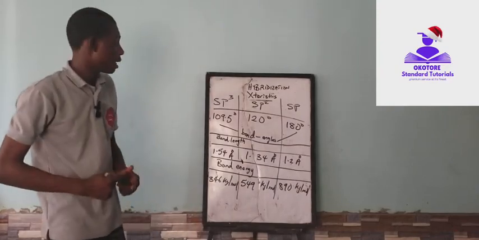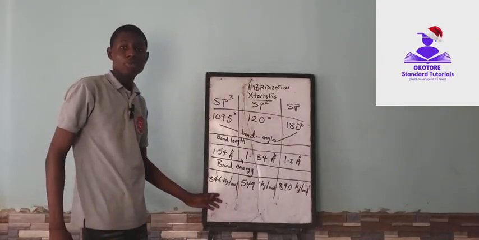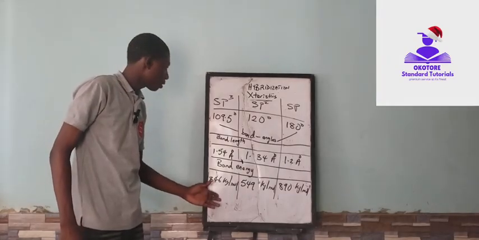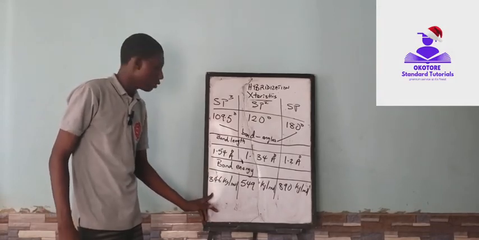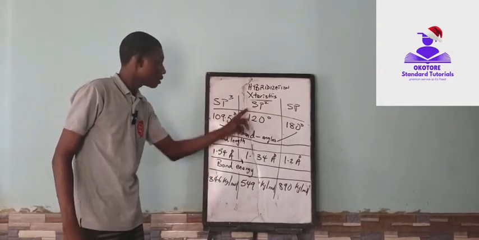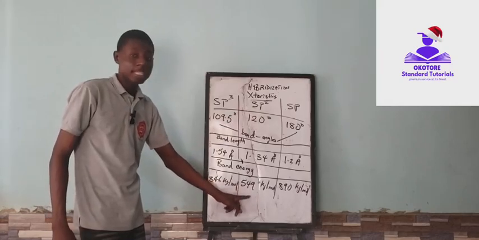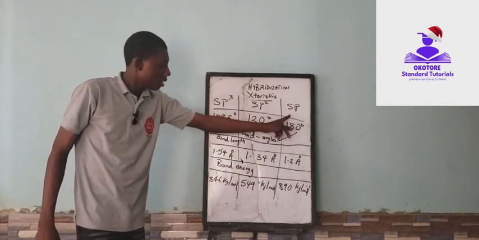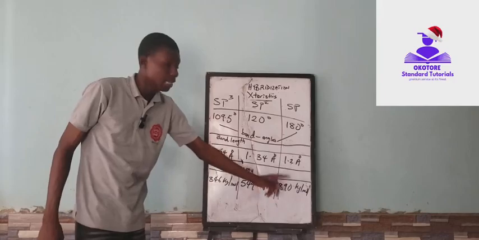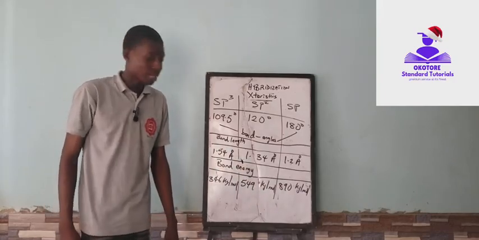So the bond energy for sp3 is 346 kilojoules per mole, for sp2 it is 549 kilojoules per mole, and for sp it is 890 kilojoules per mole. Are we clear about that? Very good.